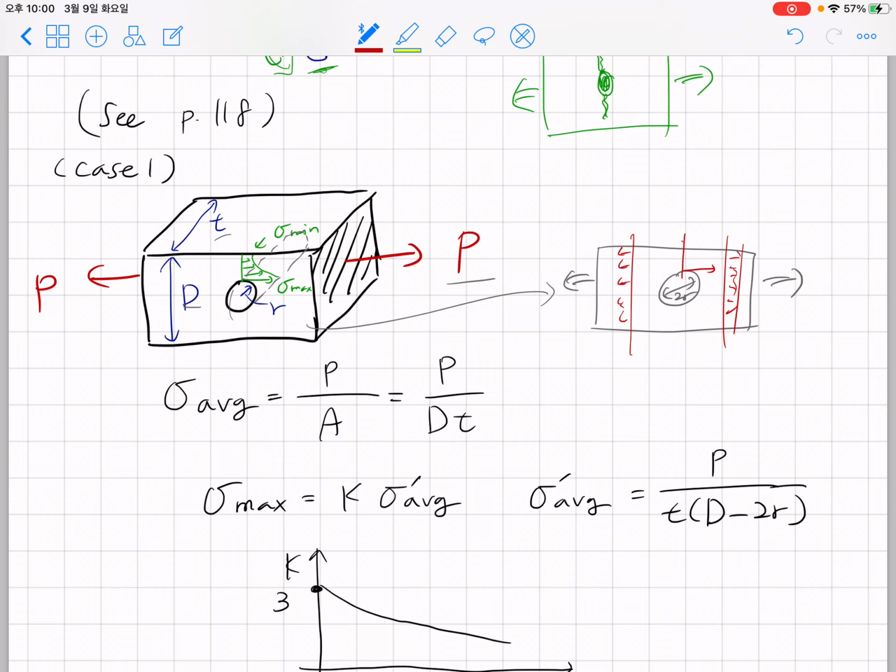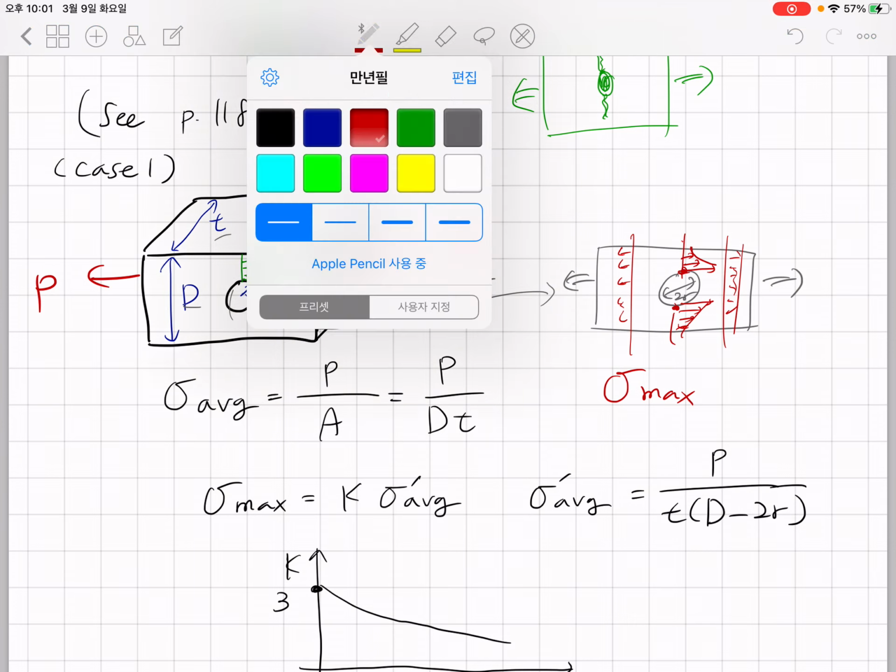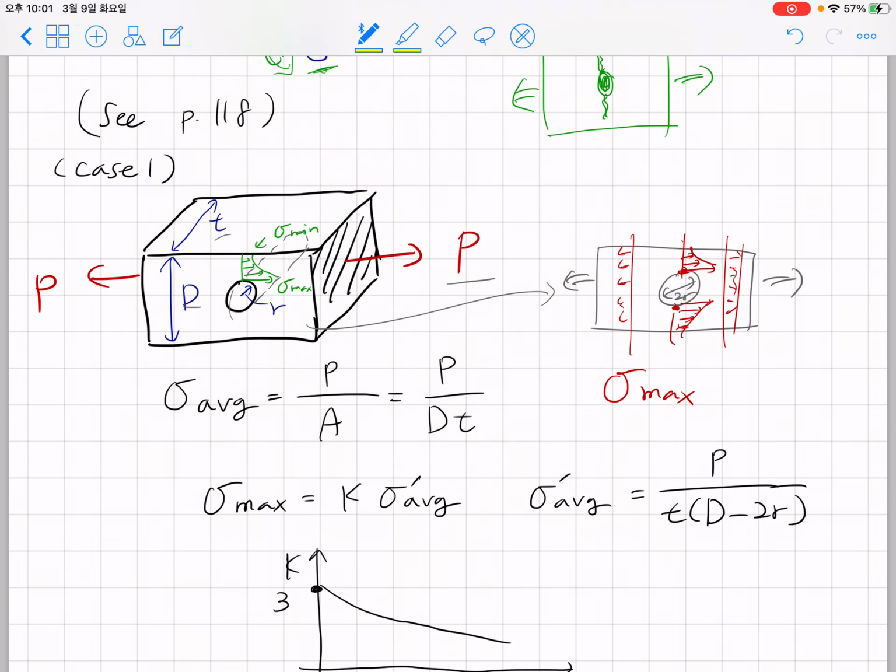You're gonna have a huge stress near the defect, and the stress decreases quite rapidly like this. Okay, so for this problem, if you consider the ratio between the maximum stress here and the average stress, to obtain the average stress, you have to consider this plane.